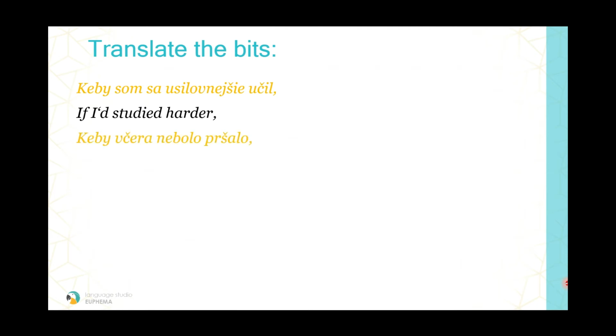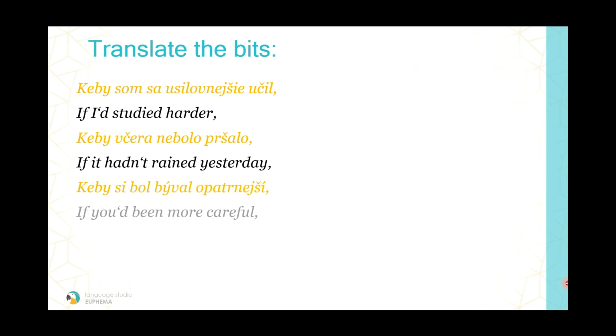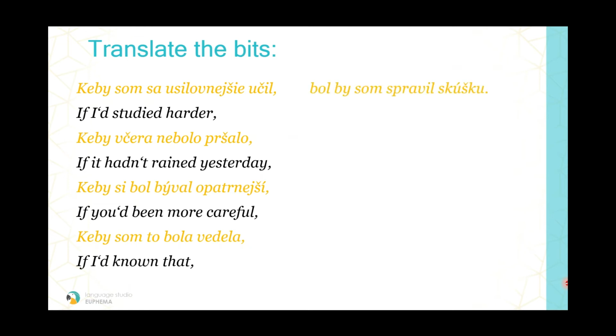Keby včera nebolo pršalo, if it hadn't rained yesterday. Keby si bol býval opatrnejší, if you'd been more careful. Keby som to bola vedela, if I'd known that. And now the main clauses continue. Bol by som spravil skúšku.